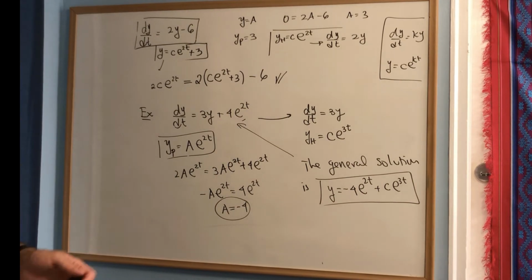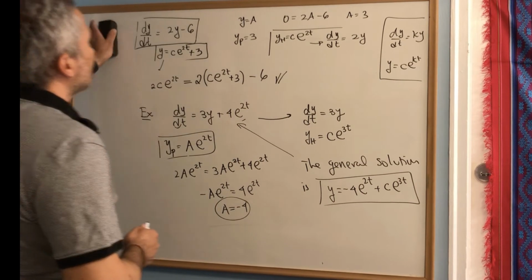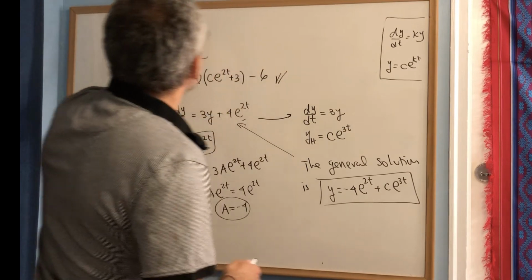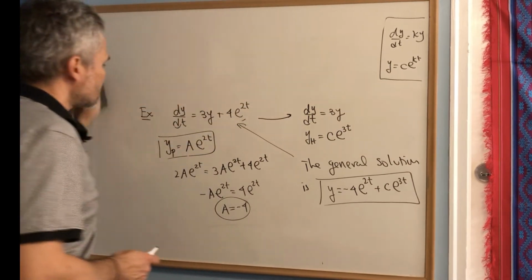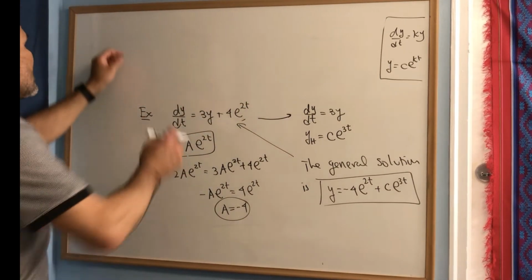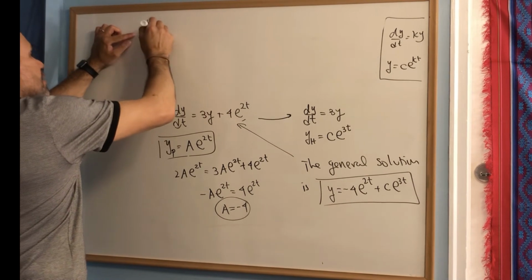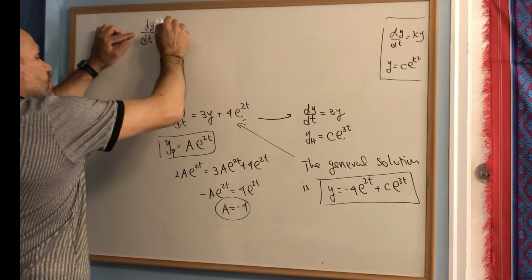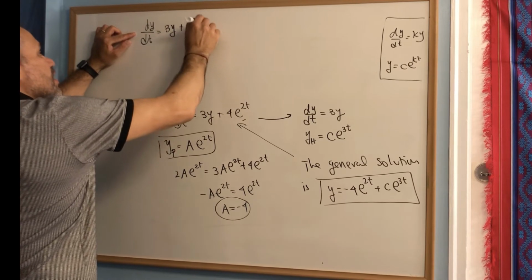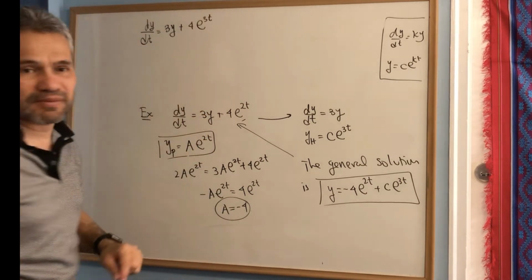Let me change the problem a little bit. Let's suppose I have dy dt equal 3y plus 4 e to the 3t.